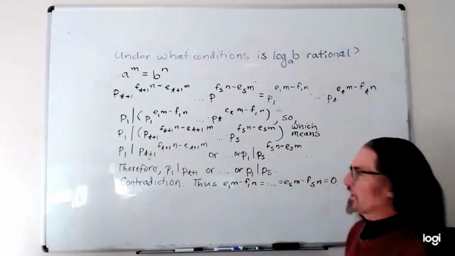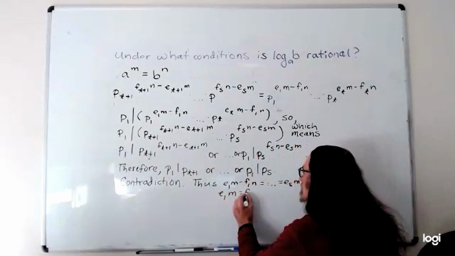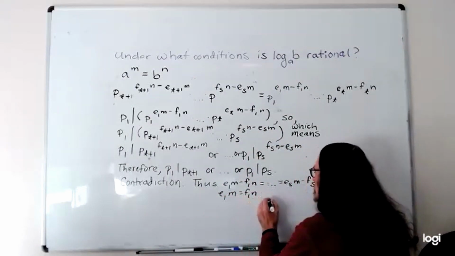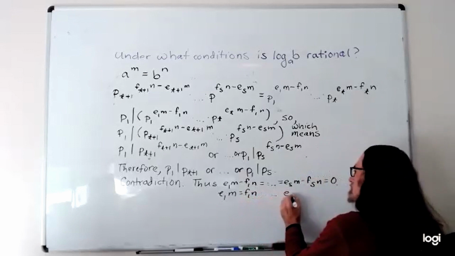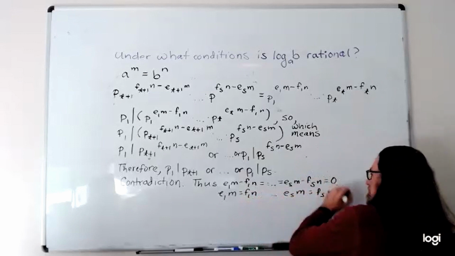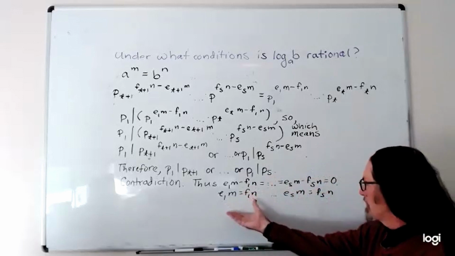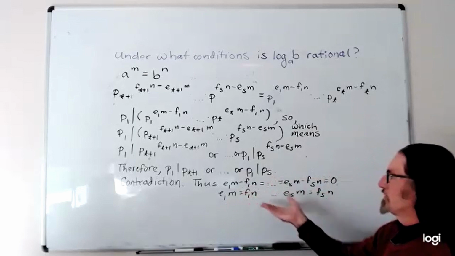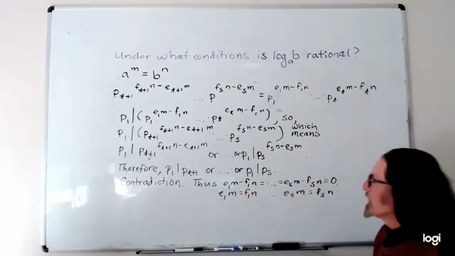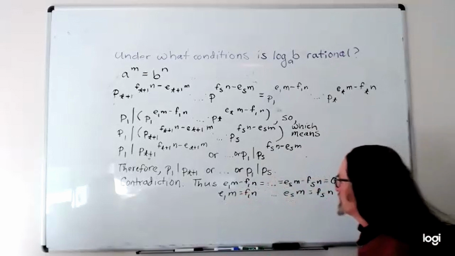What good does that do us? Well, now we have these products of M and N here, everything that was along the way between 1 and S. And then we could say that we're undoing a proportion here.